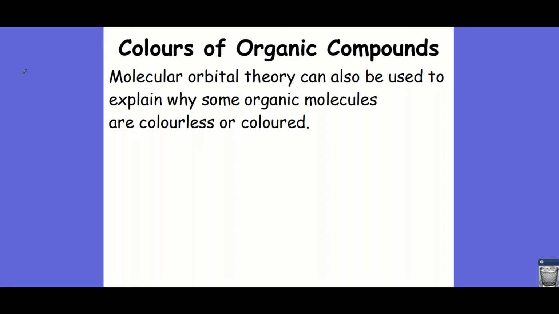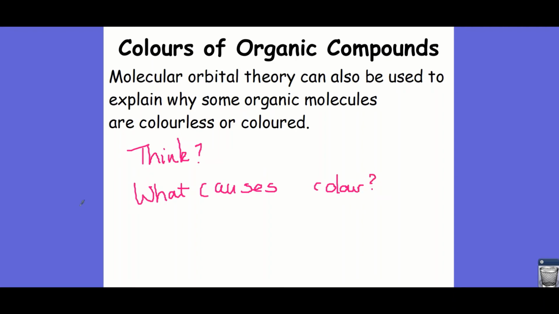Remember, most organic compounds are colourless. We see them as white, but have a little think. Think back to what we have looked at so far. What causes colour? It's probably something to do with electrons and then some sort of energy gap.